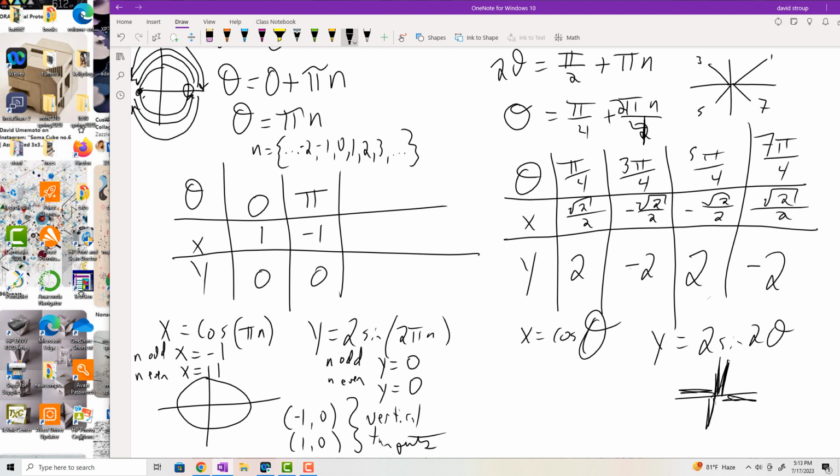every possible combination of positives and negatives for your horizontal tangent. So your horizontal tangent would be root 2 over 2, comma 2, negative root 2 over 2, comma negative 2, negative root 2 over 2, comma 2, and then positive root 2 over 2, comma negative 2.